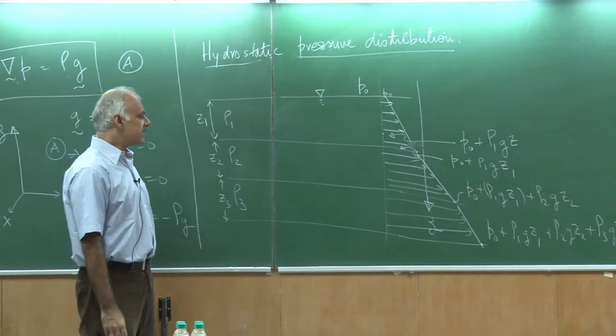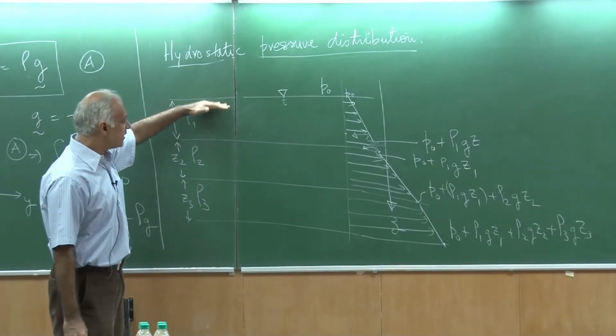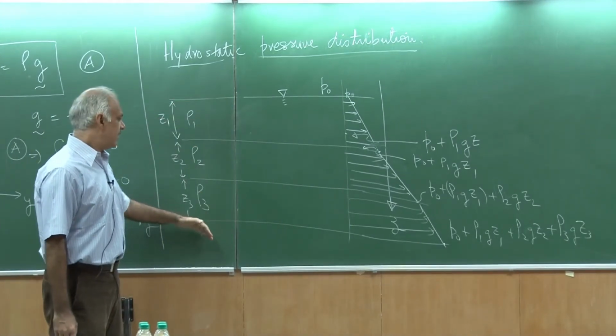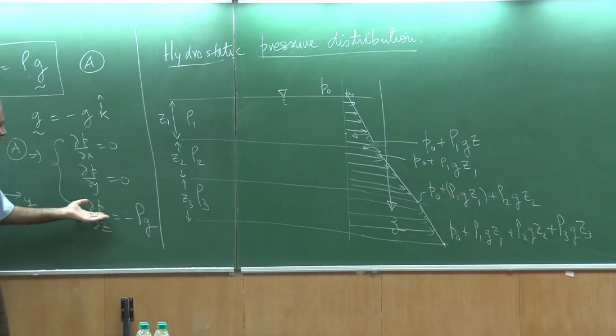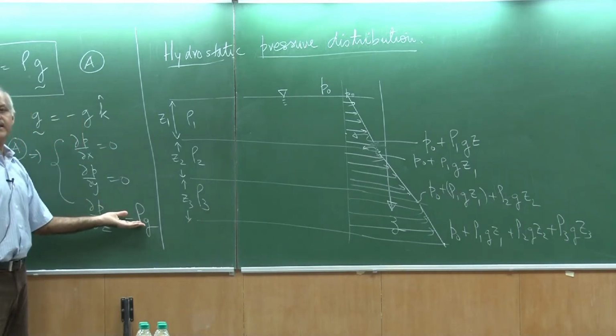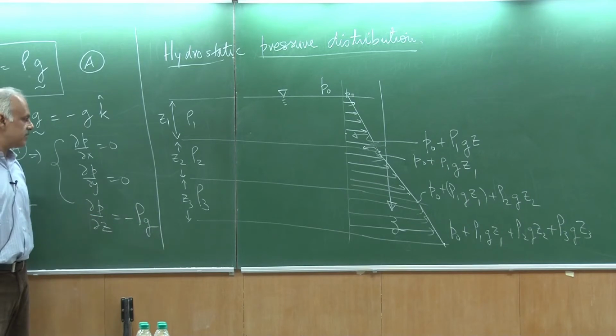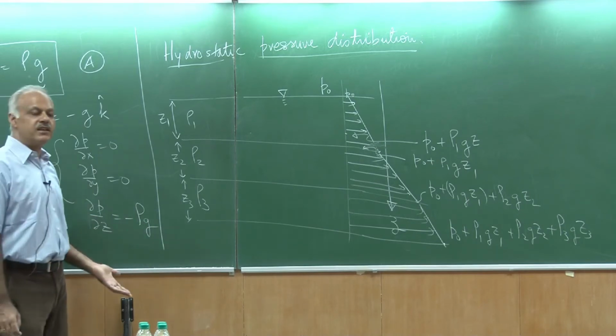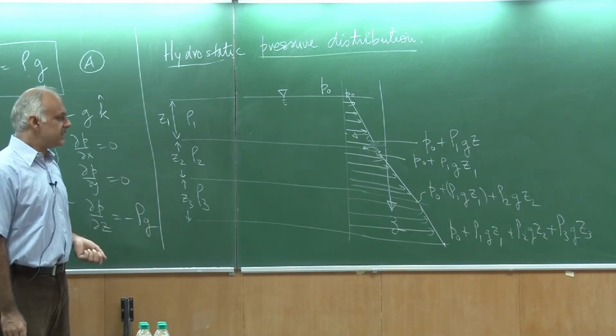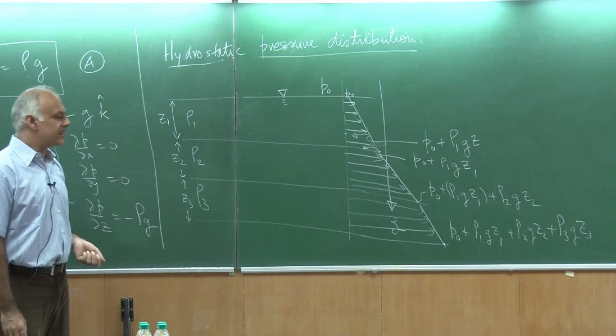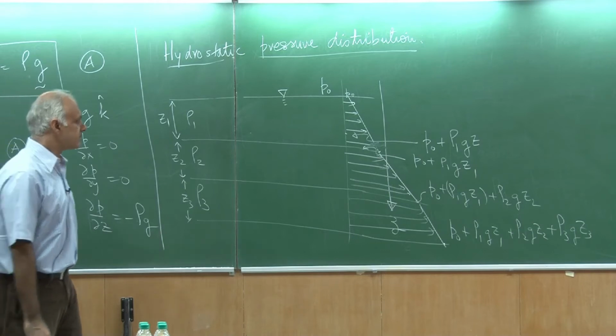In fact, if you had a situation where the density was constantly changing, then also you could integrate this equation by appropriately taking how density changes with the height. In fact, this is what is done in atmosphere, where the density changes constantly as we increase the altitude. Okay?